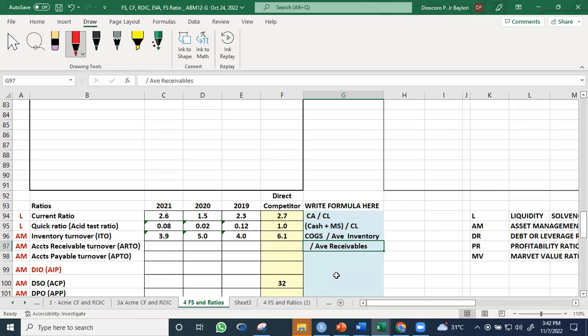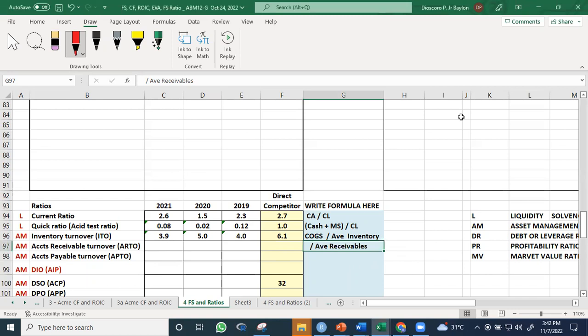Anyone, please? What should be our numerator? Okay, let me see. ITO, okay. Thank you for answering, Julian. Pero it's not ITO. Ano yung partner ni receivables sa ARTO?